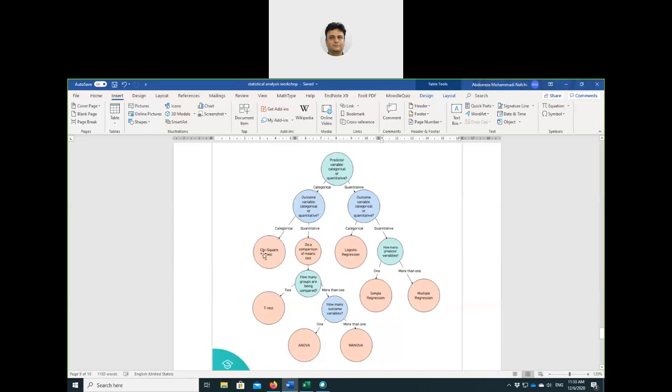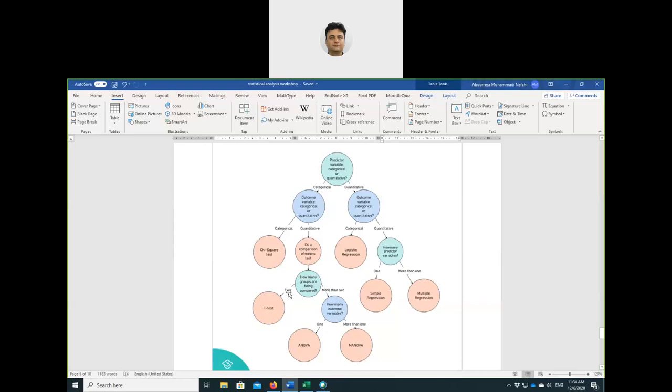If the independent variable is categorical and our dependent variable is quantitative, we need to do a comparison test. Here we need to check how many groups there are.